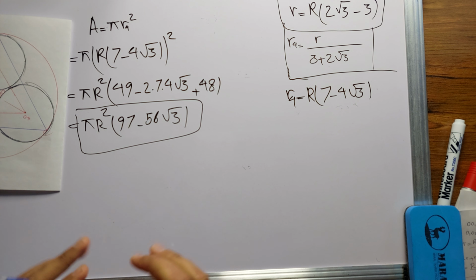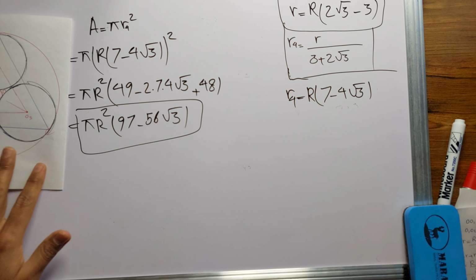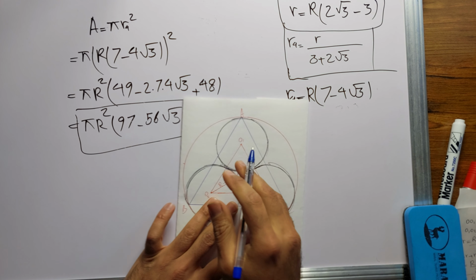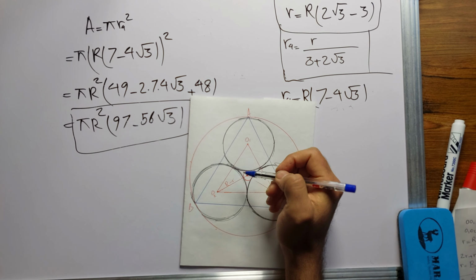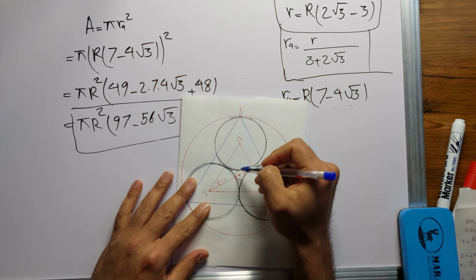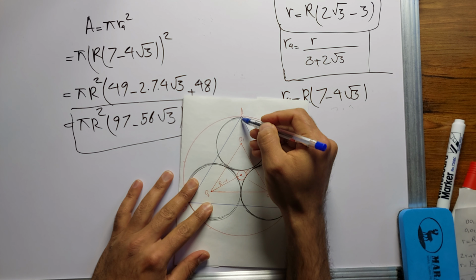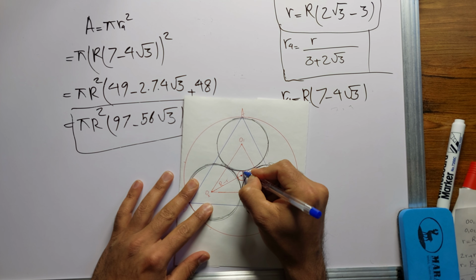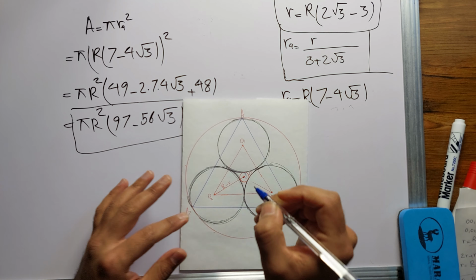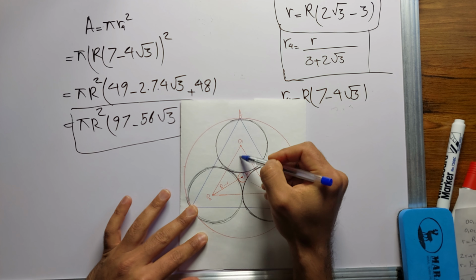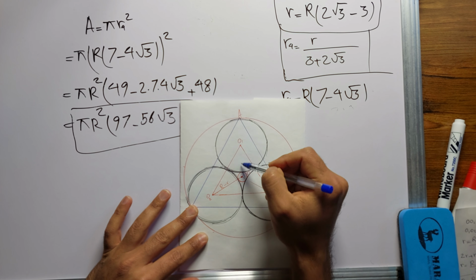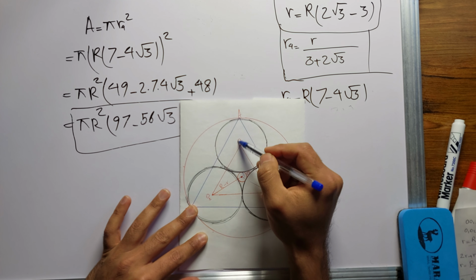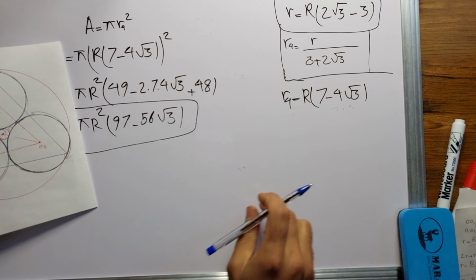So this was the more step-by-step guide for finding this area, but according to this shape and this setup here, if this is R, we can say that the radius of this inner Soddy circle equals the whole R, the radius of the big circle, minus the diameter of this small circle. So we can also write it in this way.